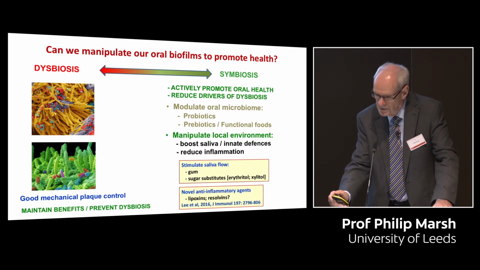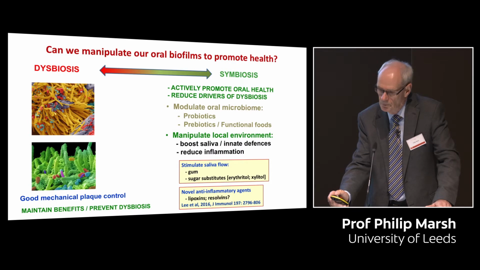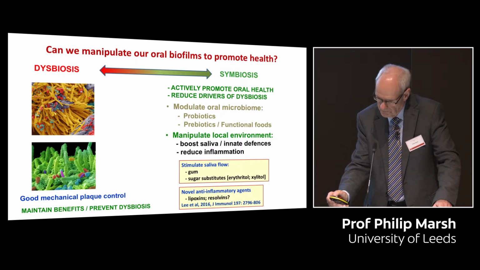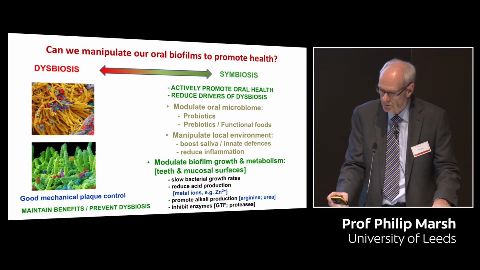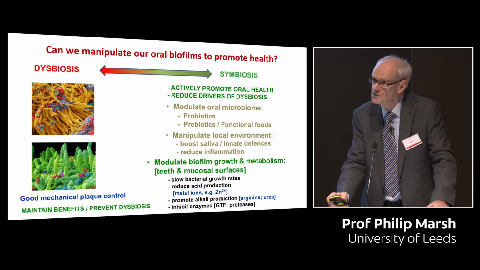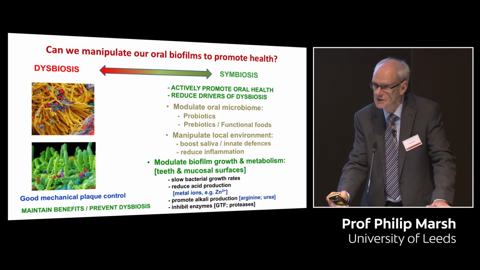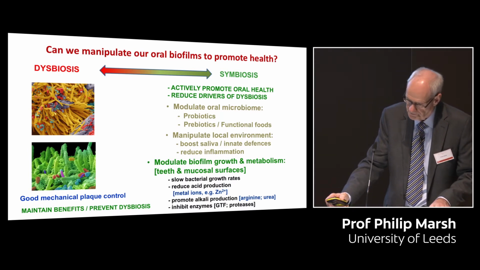And novel anti-inflammatory agents are being explored as molecules that will cut off the deleterious consequences of inflammation and promote wound healing. And a third approach would be to modulate biofilm growth and metabolism, not just on the teeth, but also on the mucosal surfaces, as the mucosal surfaces can act as reservoirs of bacteria for disease.